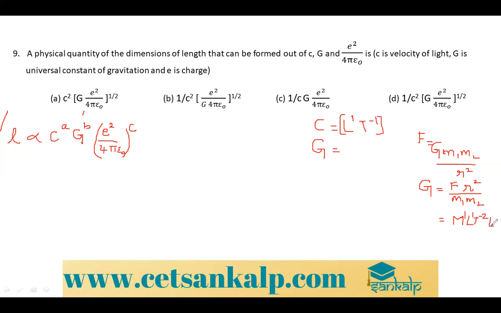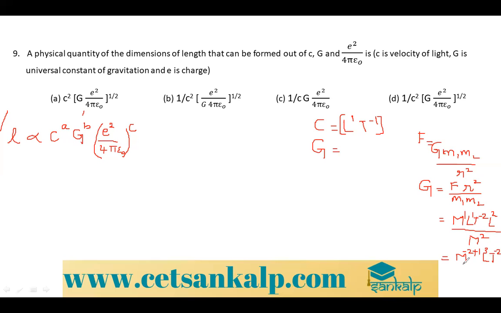Then for r square it is L square, the whole divided by m into m, which is m square. I'm shifting that m square to the upper part, so you can say m to the power minus 2; already have 1, so it is plus 1. So L to the power 3, T to the power minus 2.